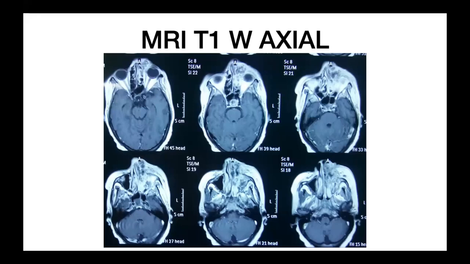You should take it in totality, see where it is involved, and then comment on it. Taking it to the next level, it is better that you comment on T1, T2, and then T1 contrast, and then axial, coronal, and sagittal, and comment on what is being seen exactly in that scan.